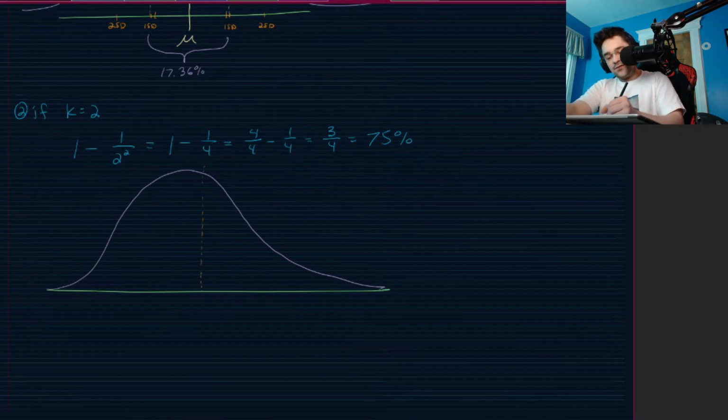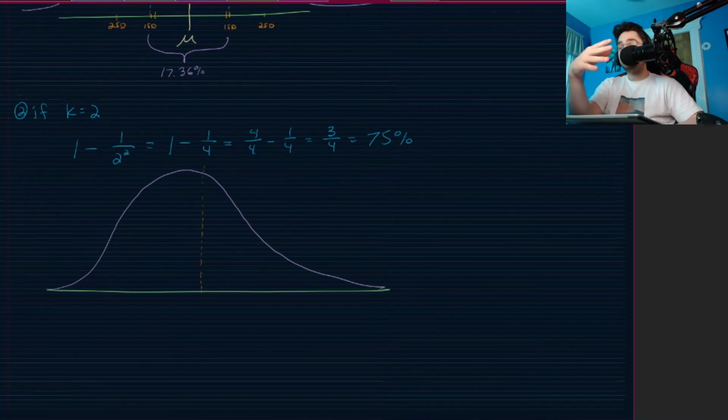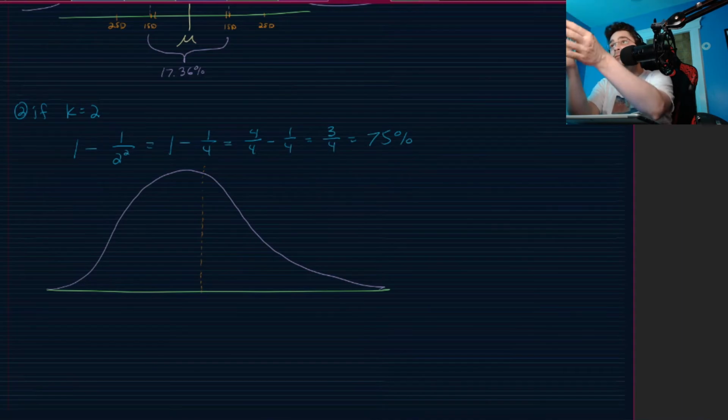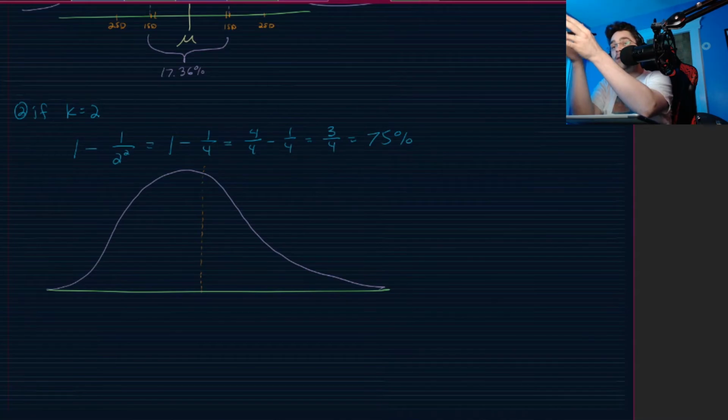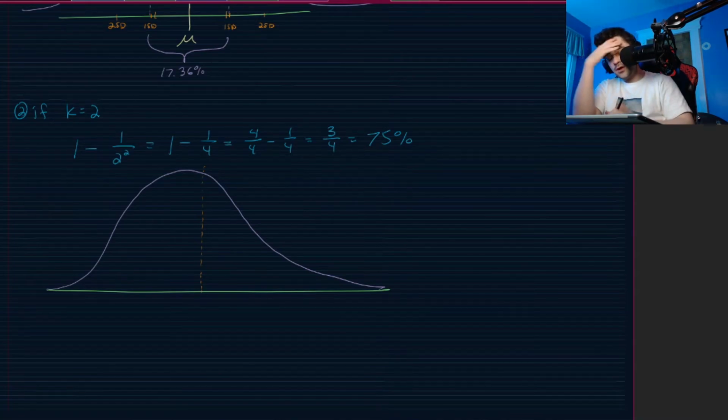Right? Chebyshev's theorem is for any distribution, any shape. That's why it's at minimum instead of equal. We'll talk soon about the empirical rule, which is for normal distributions only, but we get a much better approximation of the data. So we'll talk about it in a sec.